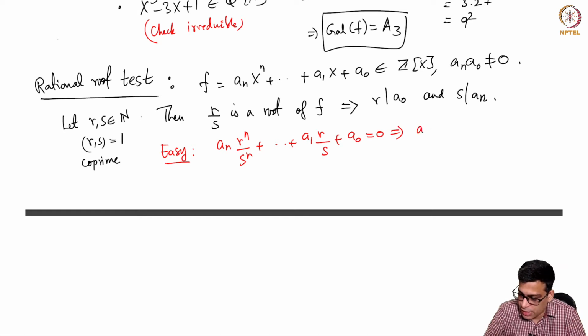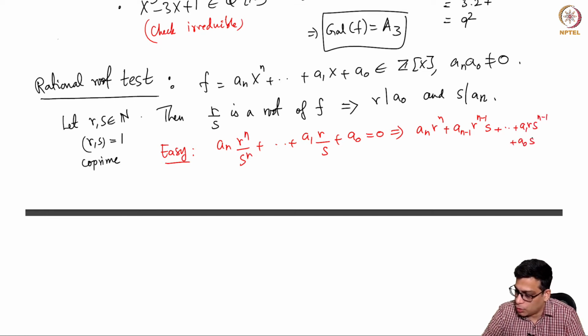So this implies an r^n plus an minus 1 r^(n-1) s and so on. You multiply by s^n, I mean. So you get a1 r s^(n-1) plus a0 s^n equal to 0.